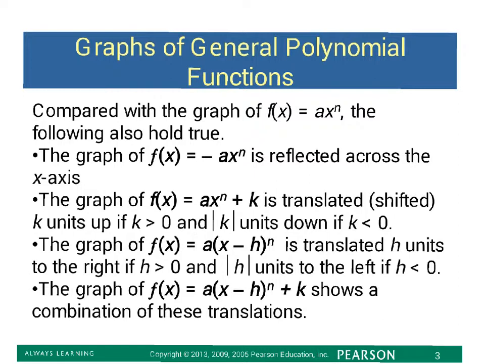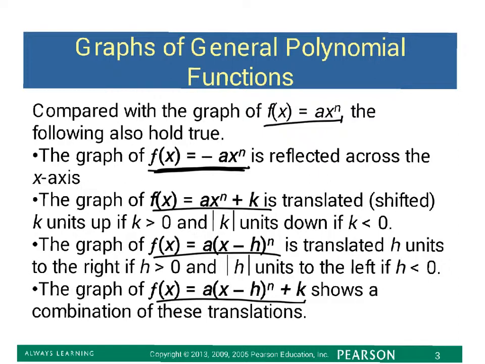And here are some of those rules that we have looked at before that are still going to apply in graphs of general polynomials. So comparing the graphs that are right here to this one up here, we should know that if we multiply our value of a by a -1, looking at this first one right here, it is reflected across the x-axis.